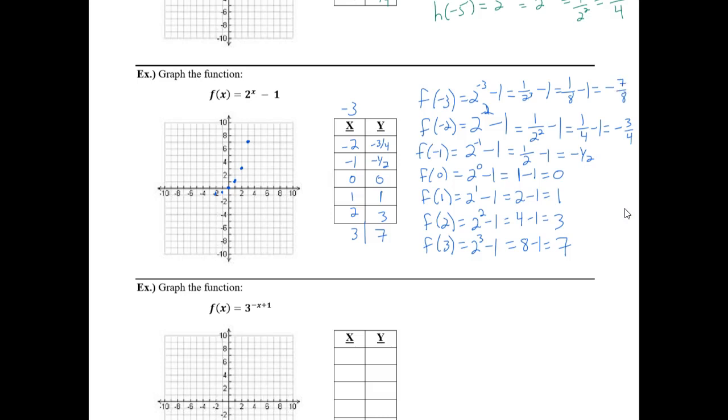So again, I'm getting closer here, but not quite -1. As we keep taking more and more negative x values, I would be taking the reciprocal and getting a smaller and smaller fraction, which then I would subtract 1. So it's going to get closer and closer to -1, but it's never going to cross -1.